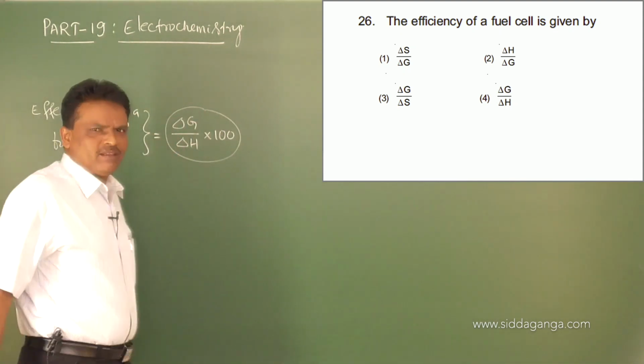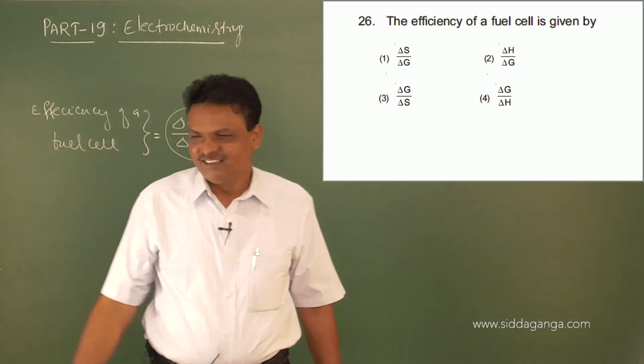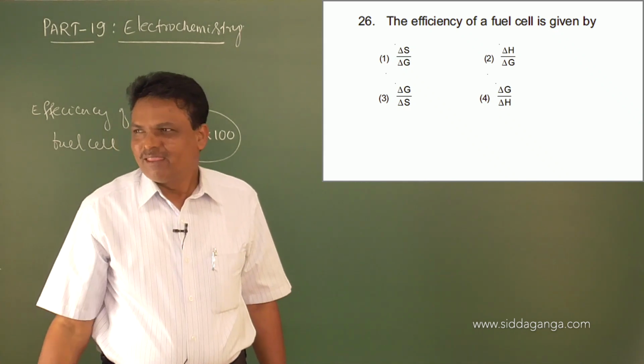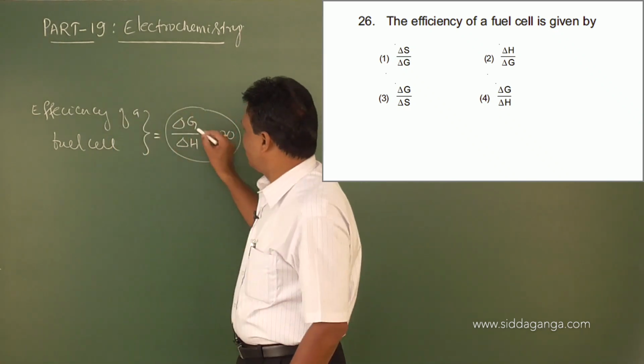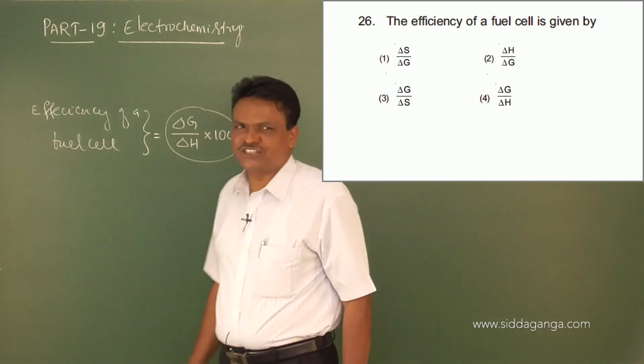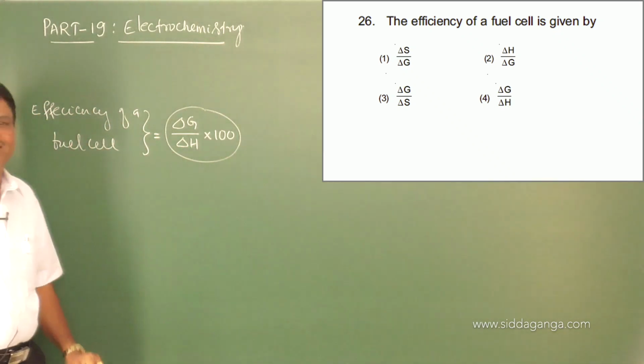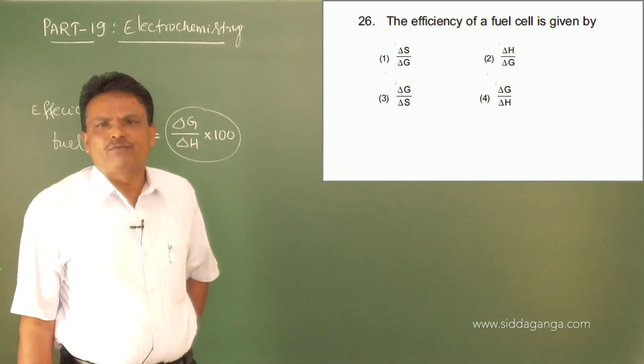Delta G means standard free energy change, delta H is enthalpy change, into 100. This is the efficiency of a fuel cell.